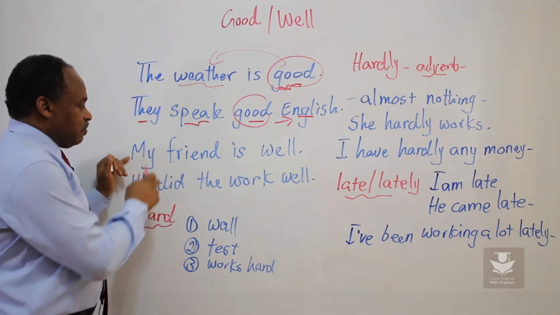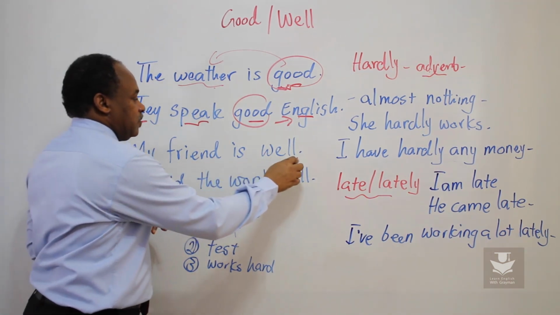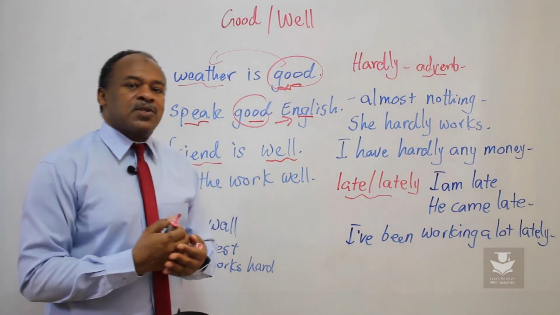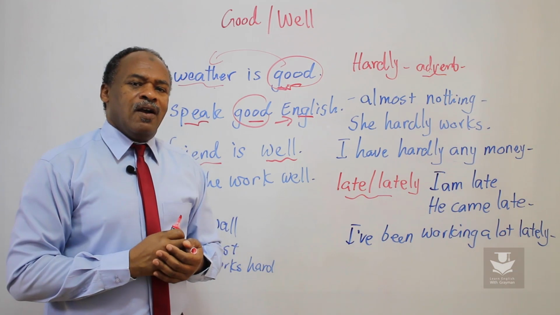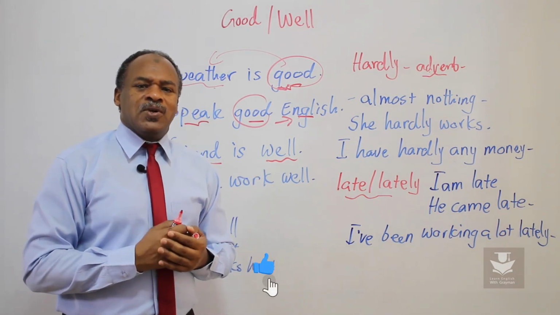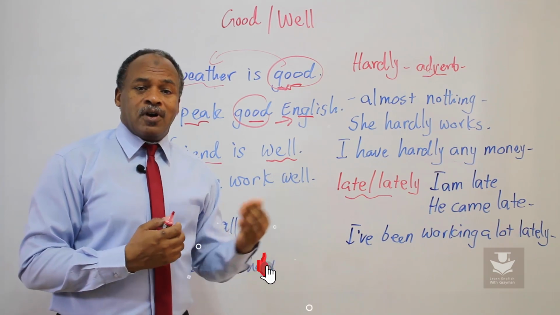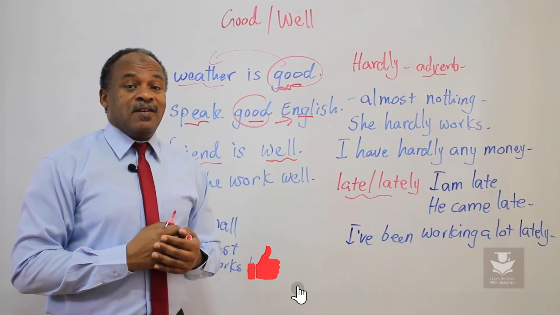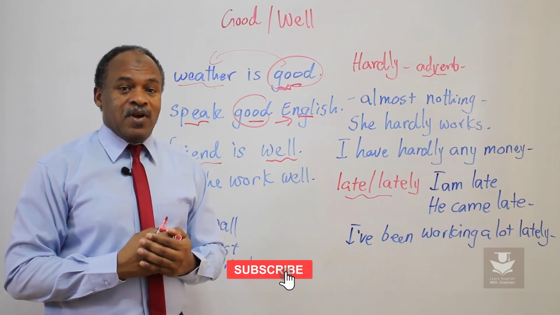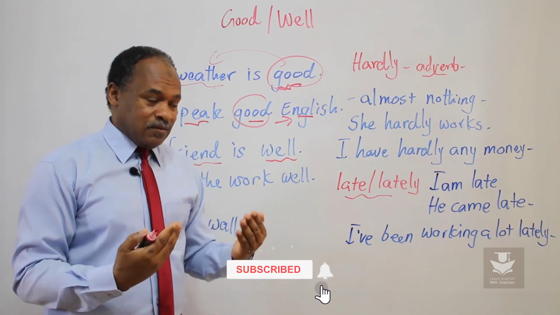So let's look at this. My friend is well. So you will be asked, oh, how is your friend? I heard that he's not at work. What happened to your friend, him or her? Oh, my friend was at the hospital. Now he's back at home. My friend is well.